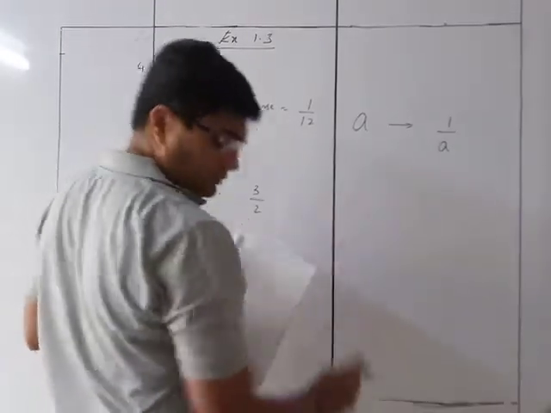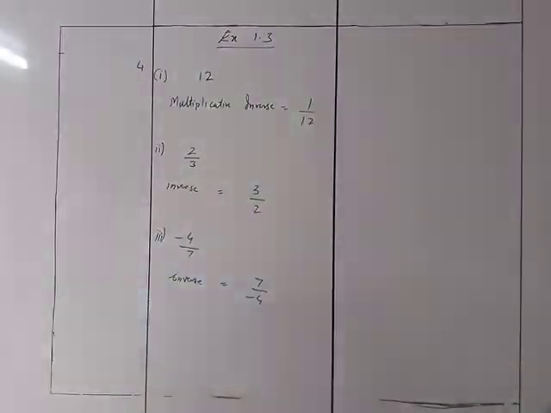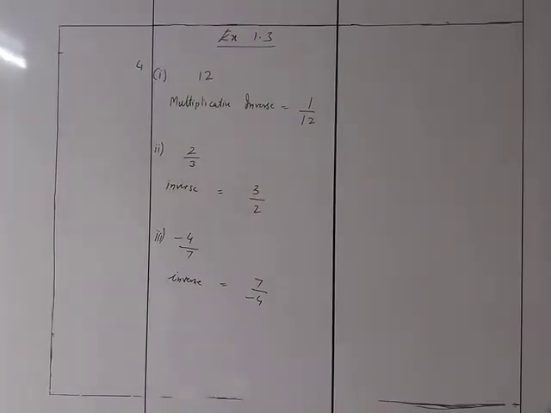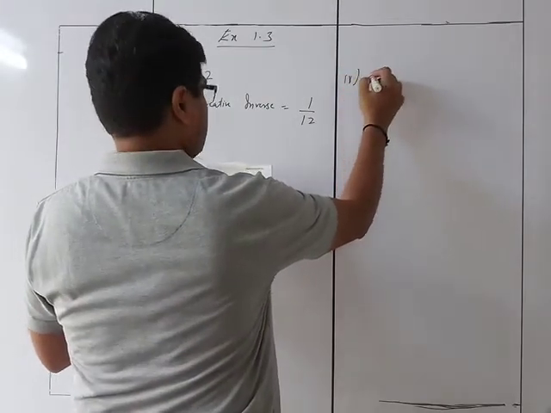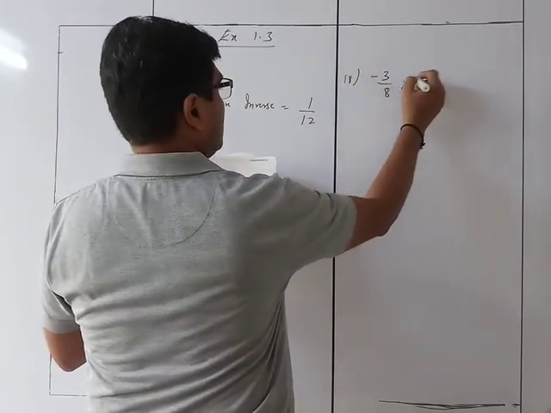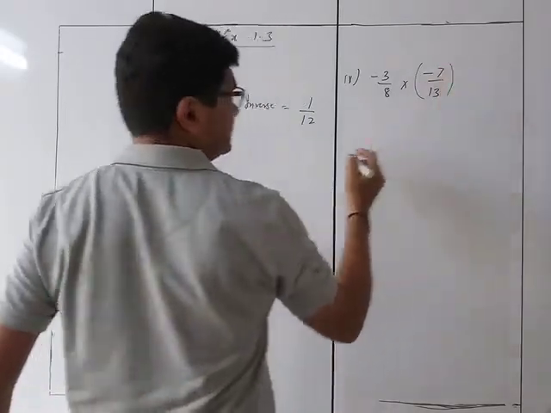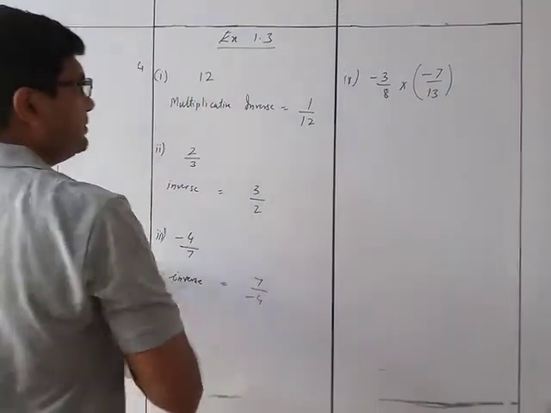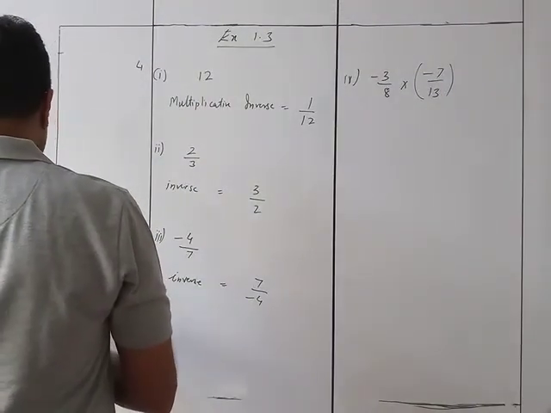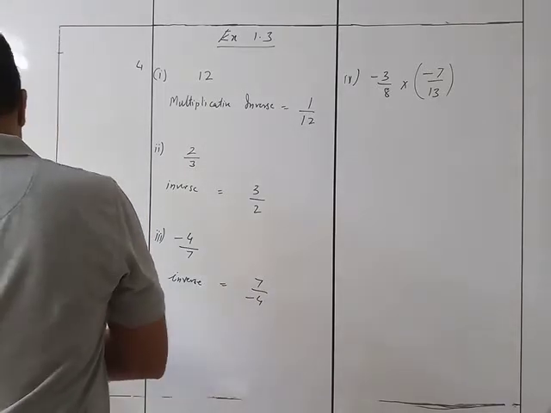And we take the fourth one. The fourth one is minus 3 upon 8 into minus 7 upon 13. So we know over here that we need to first multiply these numbers so that we can get the value of this fraction in a proper manner.